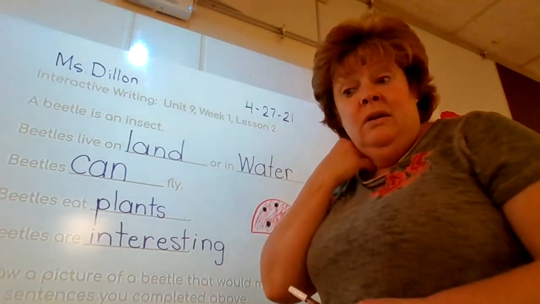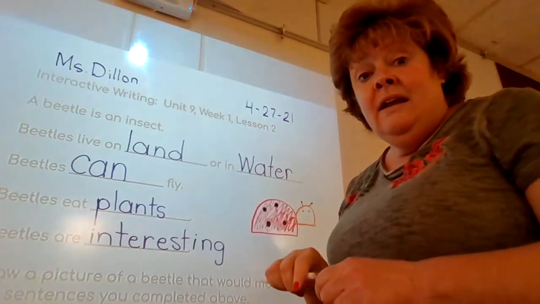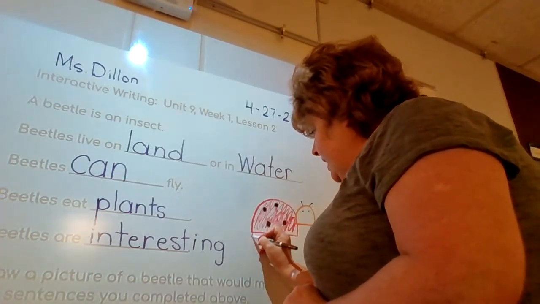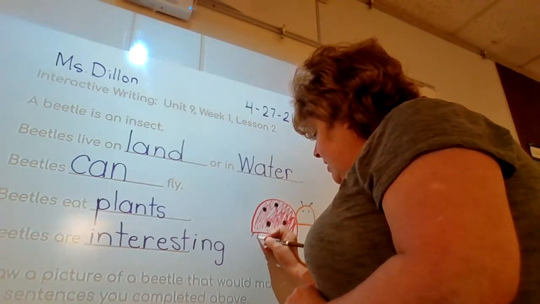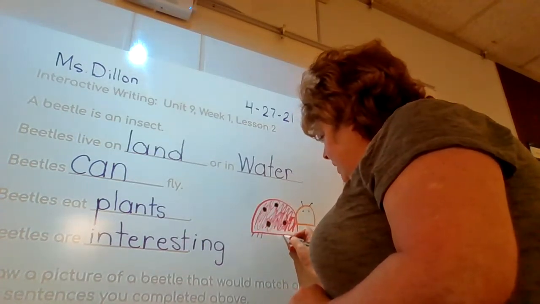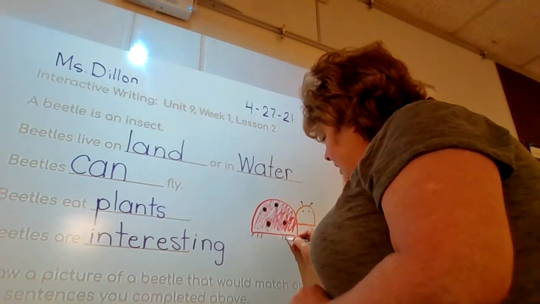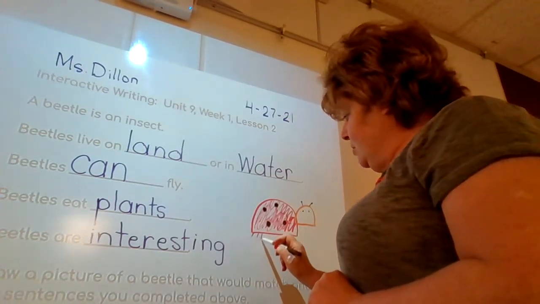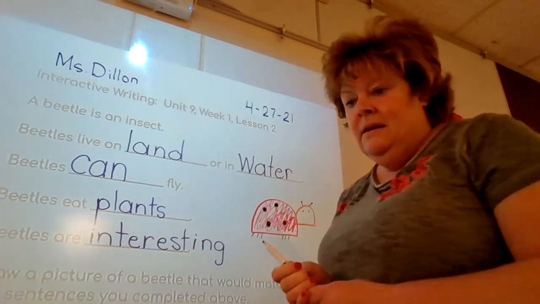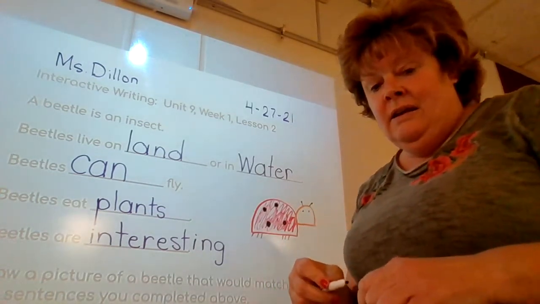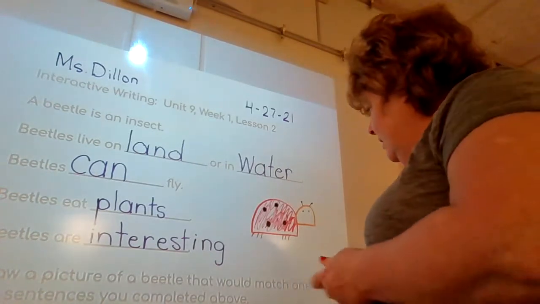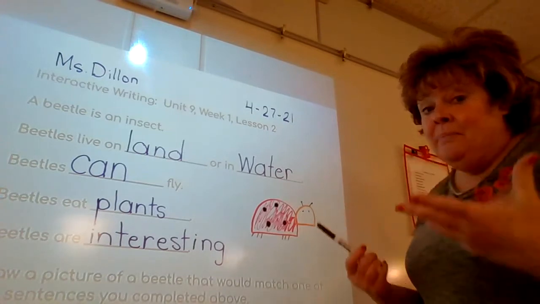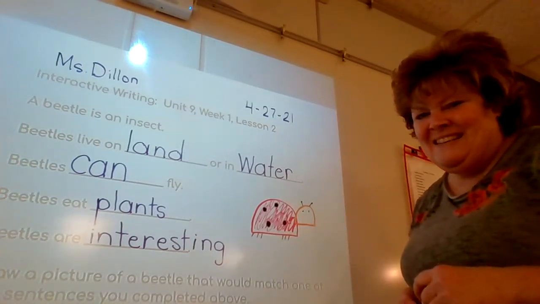What did we learn? We learned they needed 3 sets, right? So we need 6 all together. So we're going to put 3 back there and 3 up here. So 1, 2, 3, 4, 5, 6. And there is my very quick ladybug. It doesn't quite look like the one in the book, but the best I can do for today.